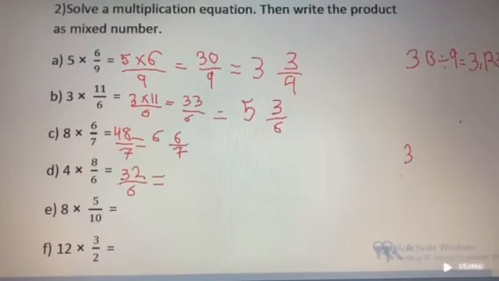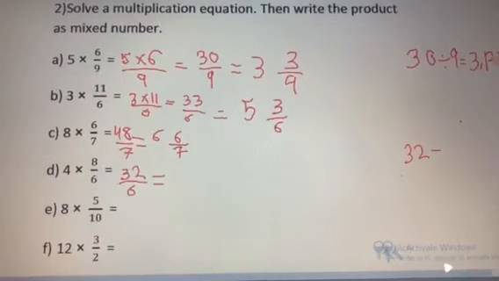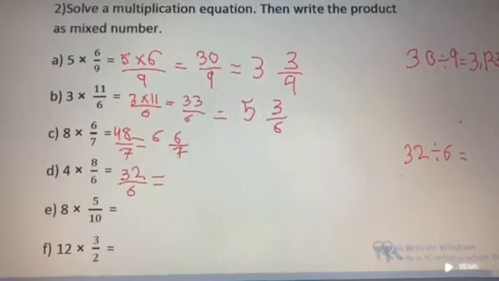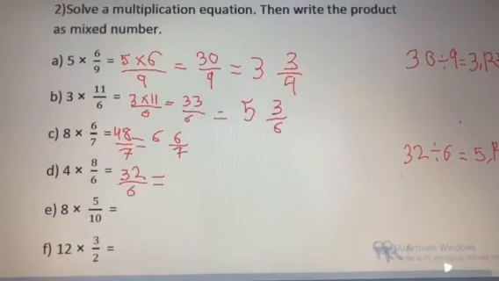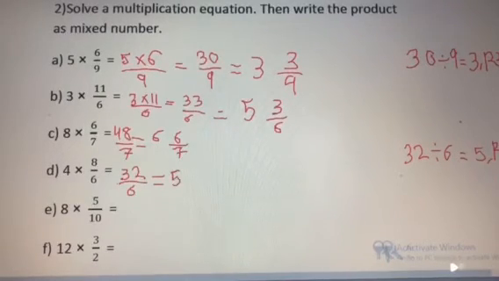Which number do I multiply by 6? The answer will be 32 or less. The answer will be 5. 5 by 6 equals 30, and remainder 2. Now I will write the answer as a whole, and the remainder as a fraction with the same denominator.